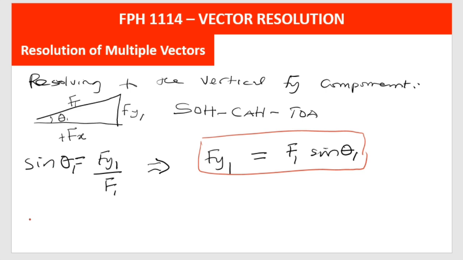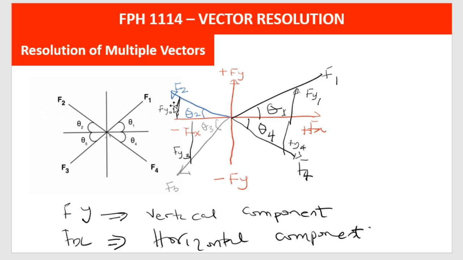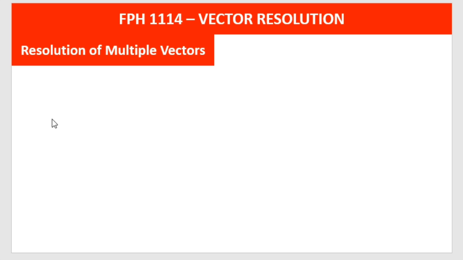Now, we have another diagram. Here, we move to the second quadrant where we have our F2. Now, our F2 is giving us this from here this way. So I call this one my Fy2, and here becomes my F2. Here becomes my negative Fx.